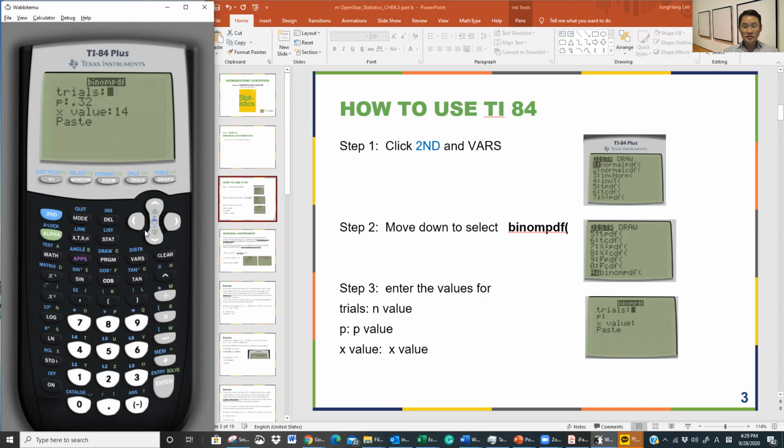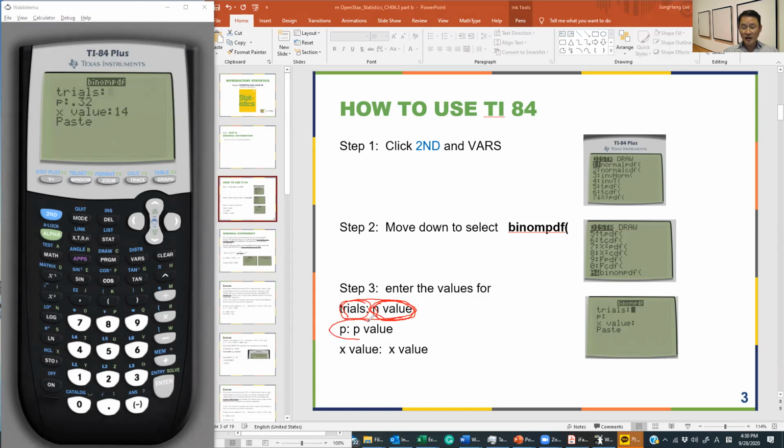Now, this is my previous numbers, so let me clear them. They ask us to put a few things. The first one is the n value, the trials. That means we're going to put the total number of trials, which is the n value.